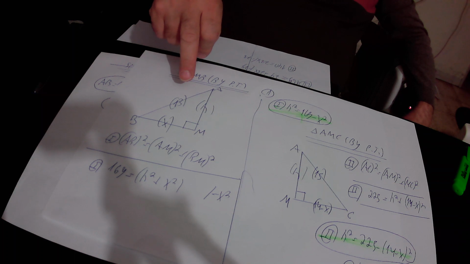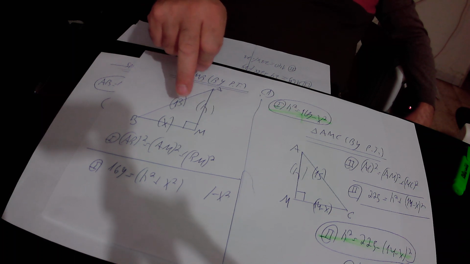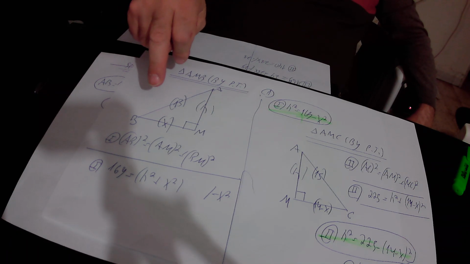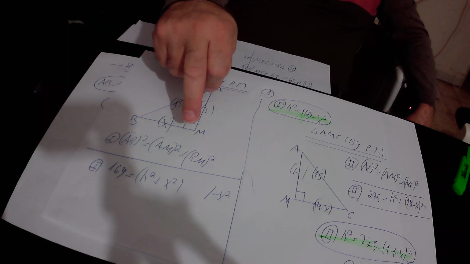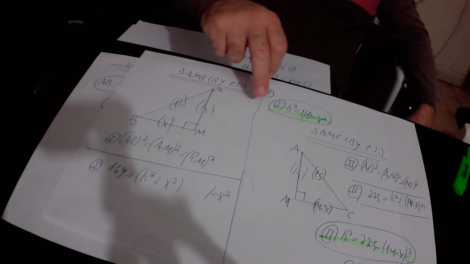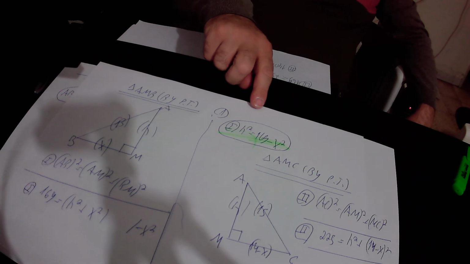AM is h, therefore AM squared is h squared, plus BM squared. BM is x, therefore BM squared is x squared. So, according to equation number 1, we found out that 169 equals h squared plus x squared. Here we subtracted x squared from equation number 1 and finally found that h squared equals 169 minus x squared.